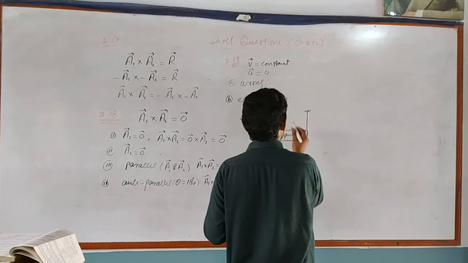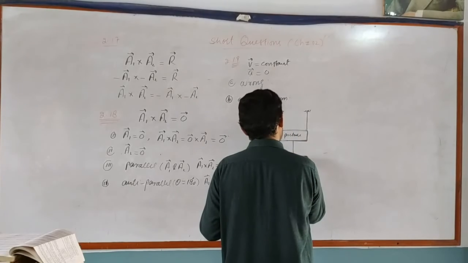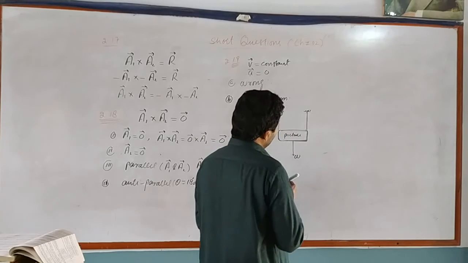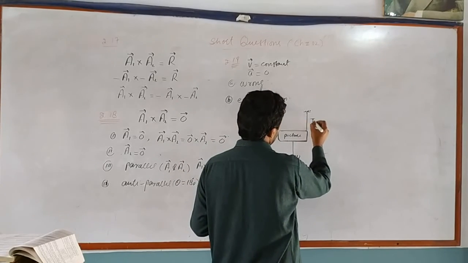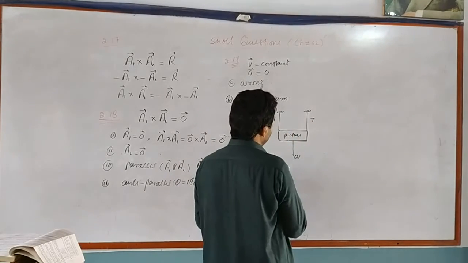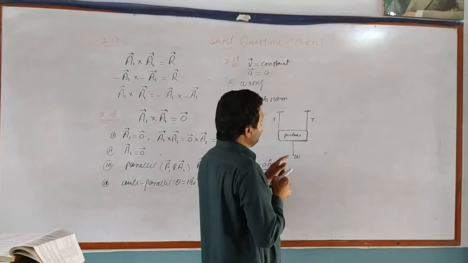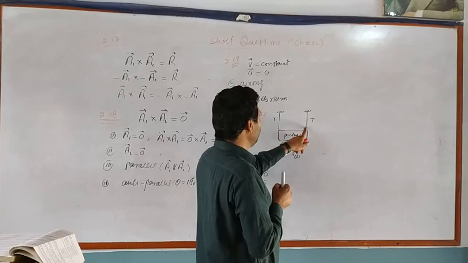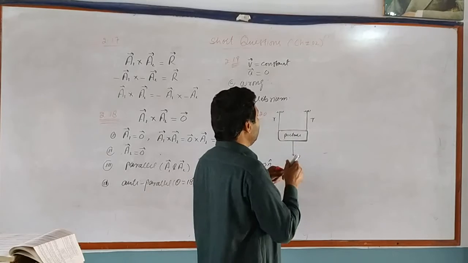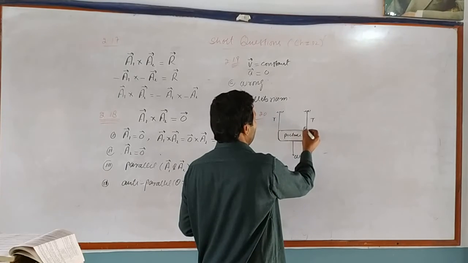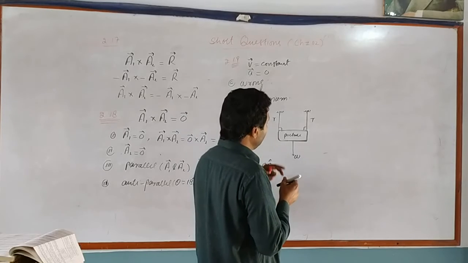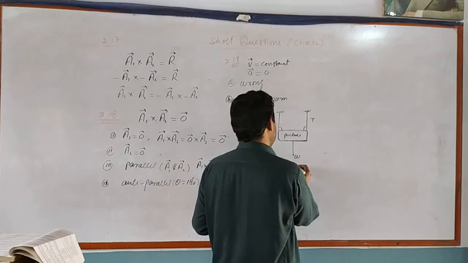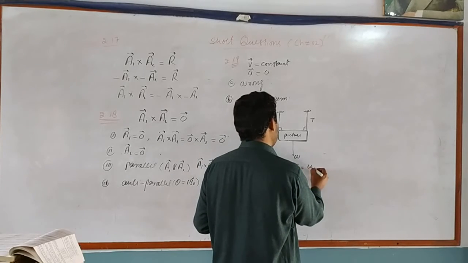In this case, this is the weight of the picture. As this picture is suspended from the strings with tension T and T, these tensions make an angle of 90 degrees with the horizontal. So, as the picture is in equilibrium, we can write T is equal to W.